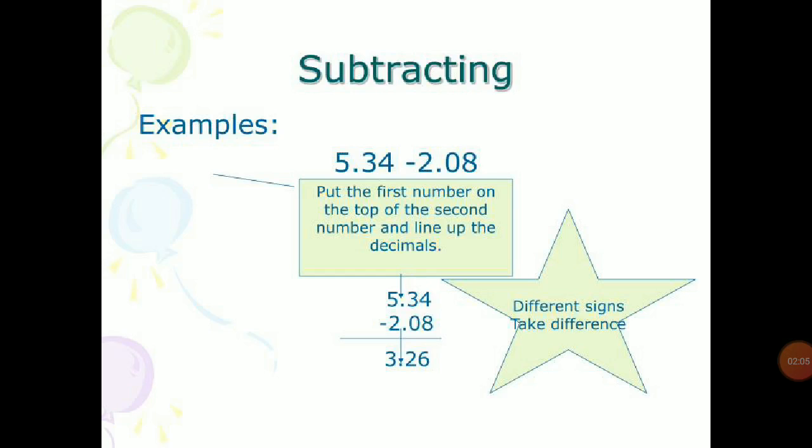That means 4 minus 8 is not possible, so 4 becomes 14 and 14 minus 8 is 6. So 3 becomes 2, 2 minus 0 is 2 and 5 minus 2 is 3. So the answer is 3.26.